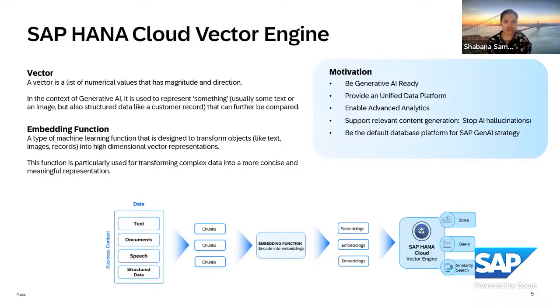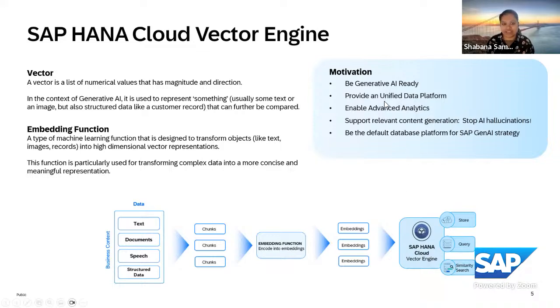And to convert your usual data to vectors, we use embedding functions. These machine learning functions transform data like text or images into numerical codes. Before passing them on to the embedding functions, we need to chunk the data first, based on sizes, which is a pre-processing step. And then the embedding function converts them into vector embeddings, which can now eventually be stored in SAP HANA Cloud.